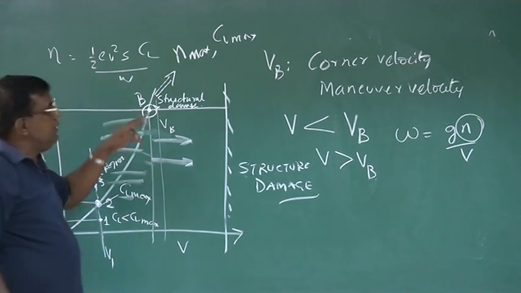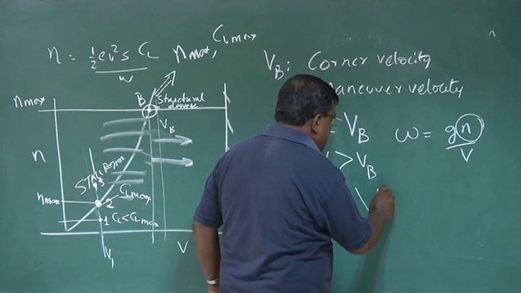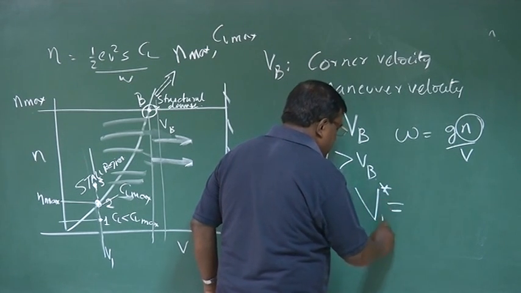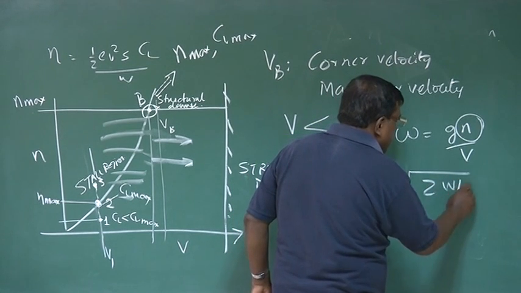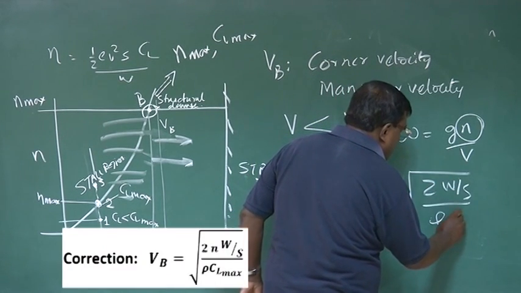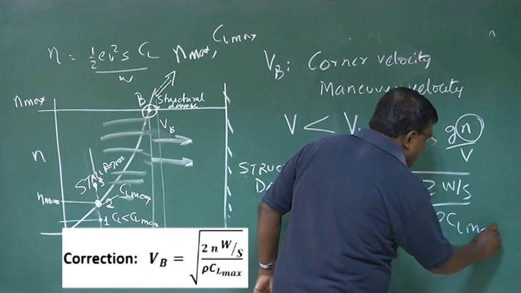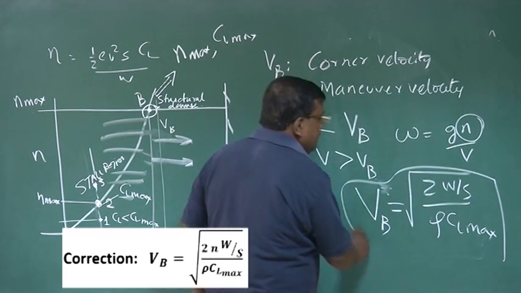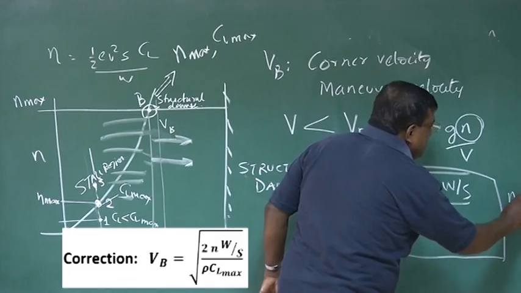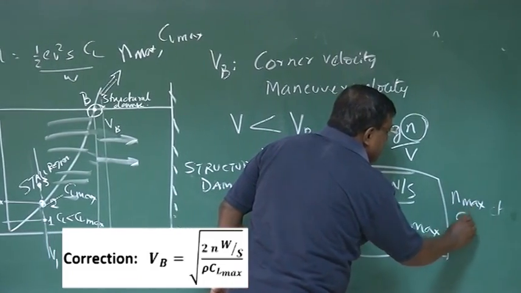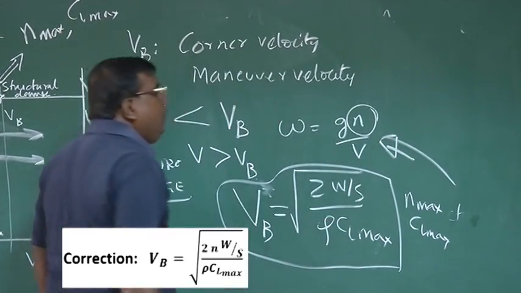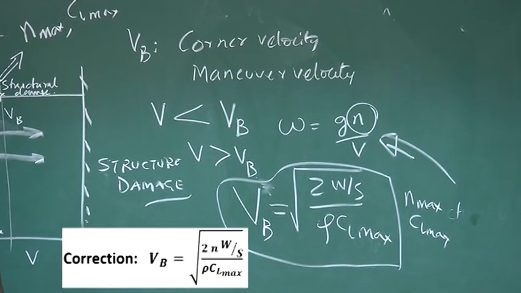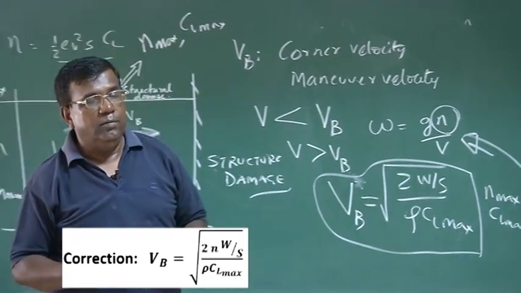So this speed, if you see, is nothing but VB, it is the square root of 2 W by S by rho CL max. At this speed, N is max, CL is max, and from here you could see the angular rate is also maximum. The pilot has these two pieces of information very explicitly.